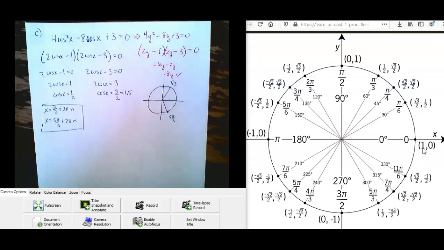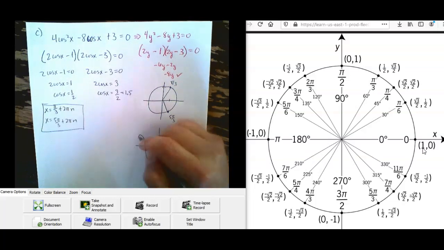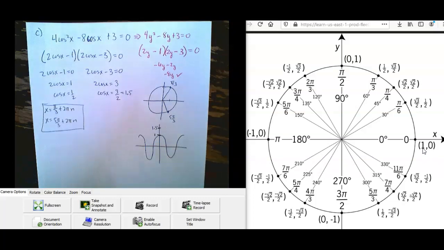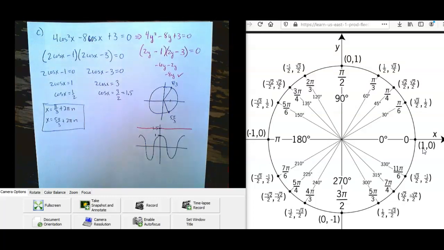So we know, if we consider the graph of cosine, if I just draw a picture of it here, the highest it can possibly be is 1. Here's 1.5, so if we consider a horizontal line, that horizontal line is never going to hit the cosine function, right? It's because the highest cosine can ever get is positive 1, and the lowest it can ever get is negative 1.